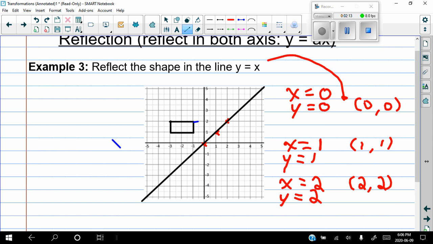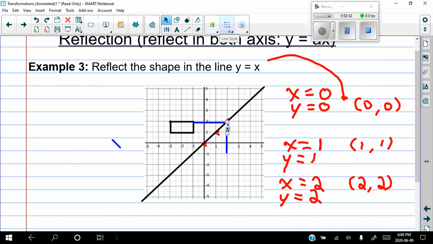So that means draw a horizontal line over for this first point, and then count, we're 1, 2, 3 away in our x direction. Well, look at our equation. It says x is equal to y. So if we're 3 away in our x direction, that means we're going to be 3 away down in our y direction. So 1, 2, 3. So that point is actually going to be there.